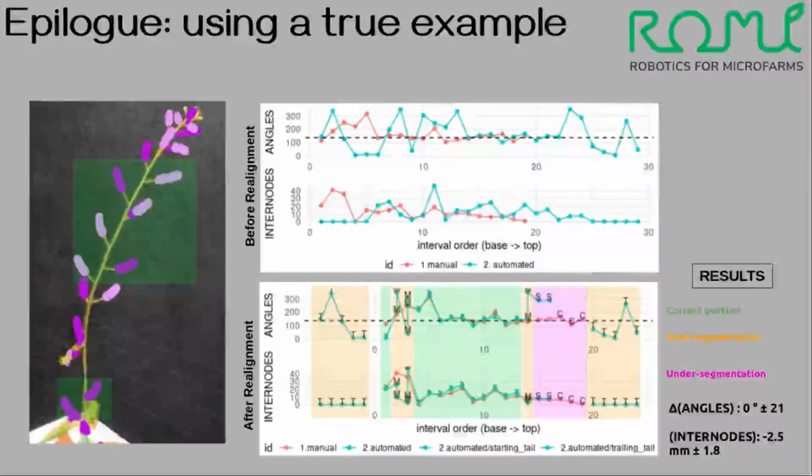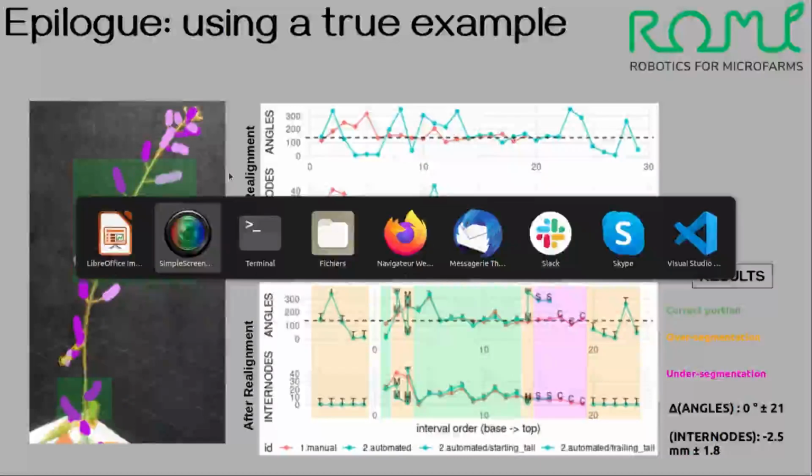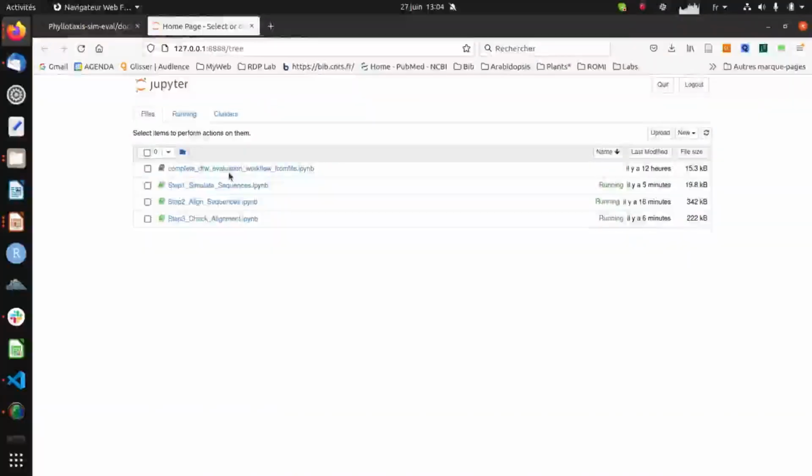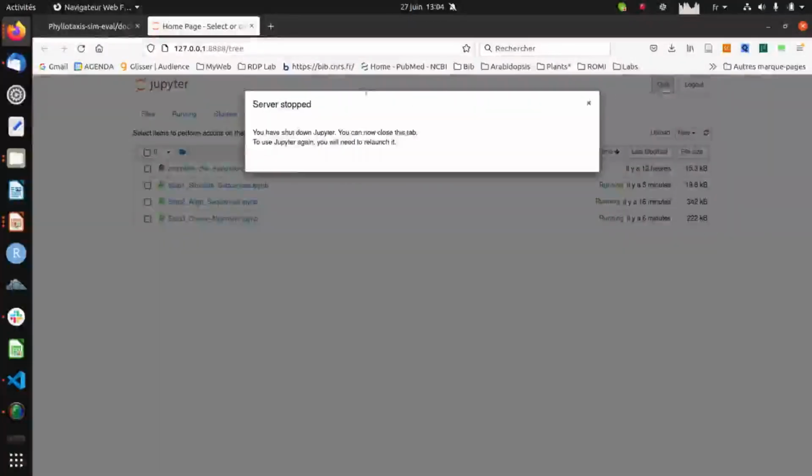Maybe just before finishing this tutorial, I will explain how to quit everything and close the files properly. In your Jupyter notebook, running and served on your web browser, you just quit here. This will stop the Jupyter server.